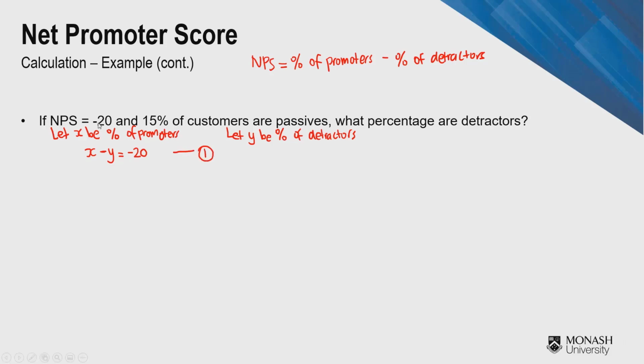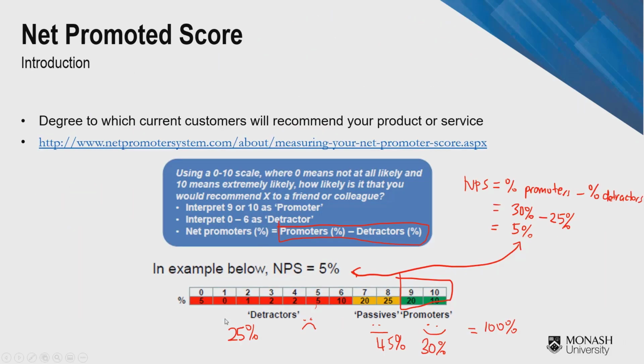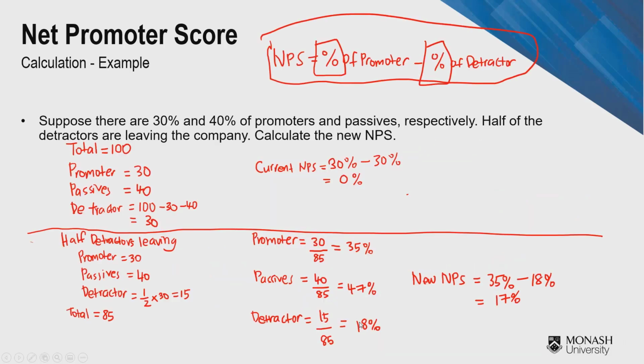Now, the second equation will be coming from here. We know that 15% are passive. What can we use with that? If you remember from our previous video, if you count detractors, passives, and promoters, this will equate to 100%. You are right.